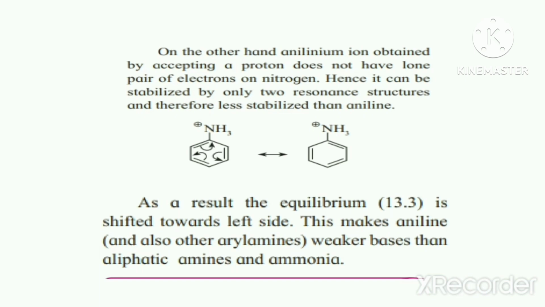In case of aniline, there are 5 different resonating structures, but in case of anilinium ion, there are only 2, and therefore it is less stabilized than aniline. As a result, the equilibrium is shifted towards the left. This makes aniline and also other aryl amines weaker bases than aliphatic amines and ammonia.